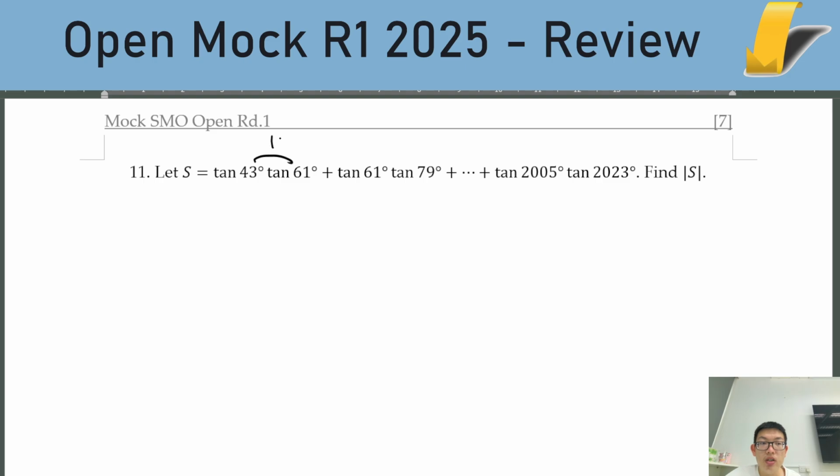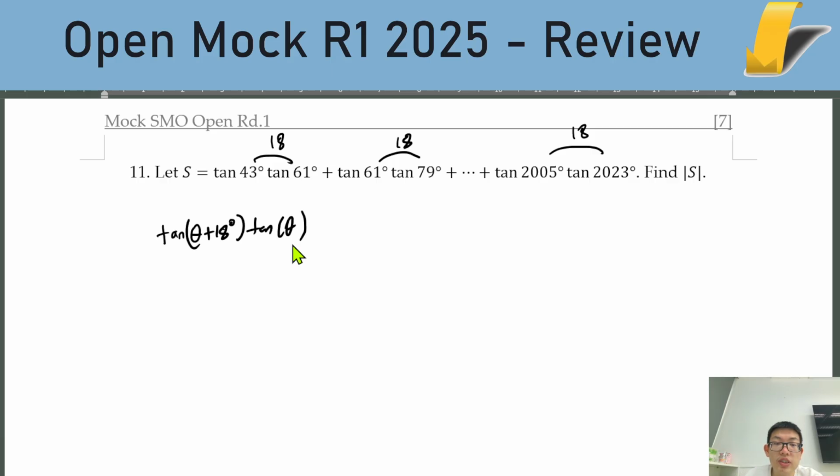I know that all of these have a difference of 18 degrees, and therefore I should try to write almost a product to sum for tangent.